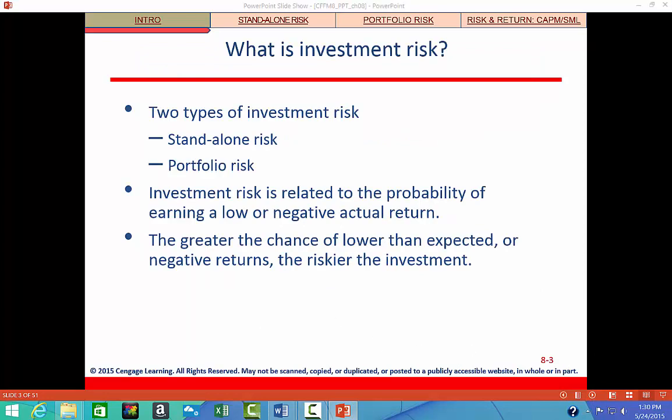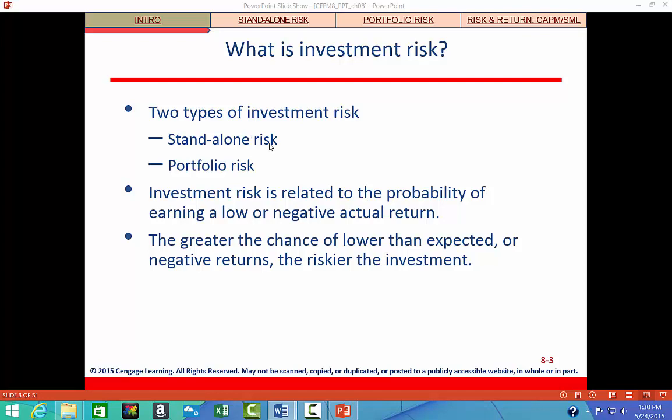So there are two types of investment risk: standalone risk and portfolio risk. Standalone risk is just the risk of holding a stock by itself. So holding one single stock is much more risky than holding multiple stocks in a portfolio.